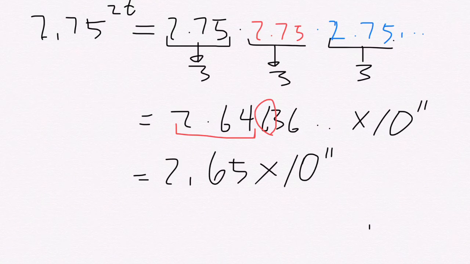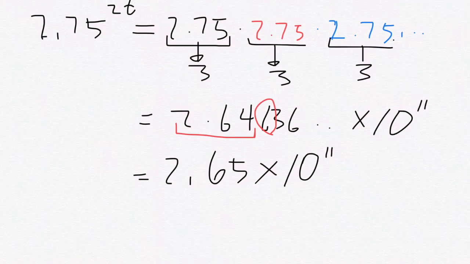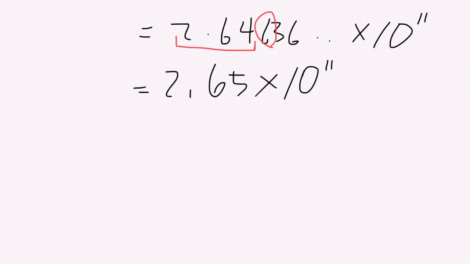So when we have an exponent and we assume this is an exact number, like the 26 is exact, that means it has an infinite number of sig figs. The product would have the same number of sig figs as the base. So let's say it's 2.7 to the 5th.